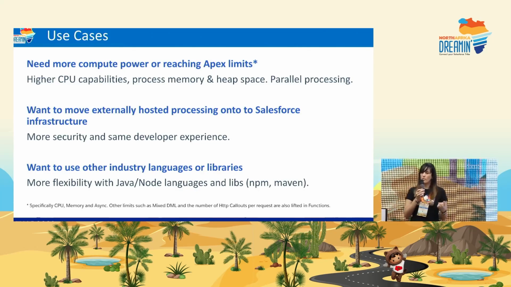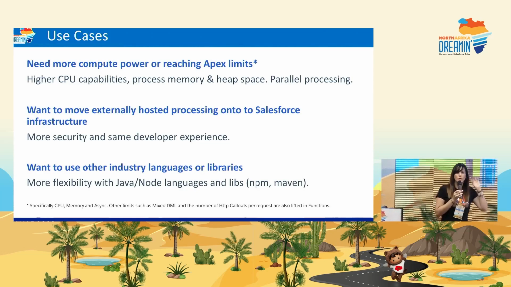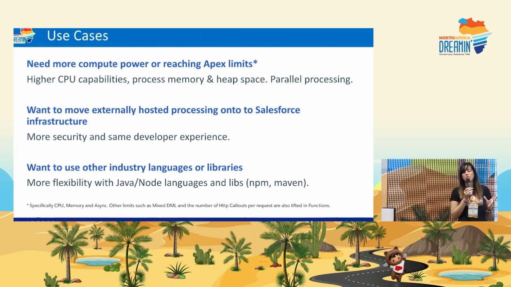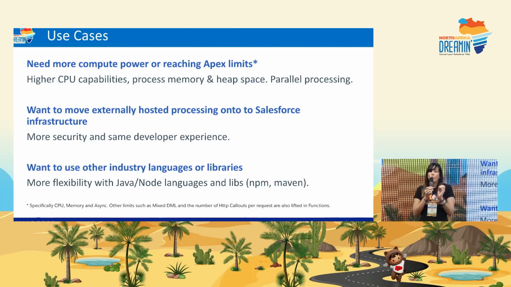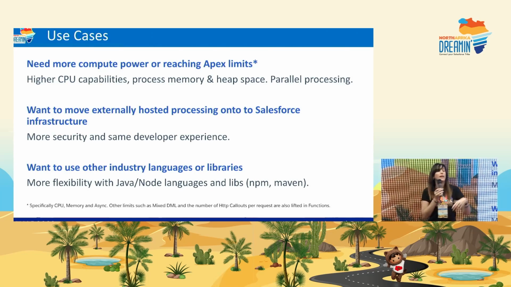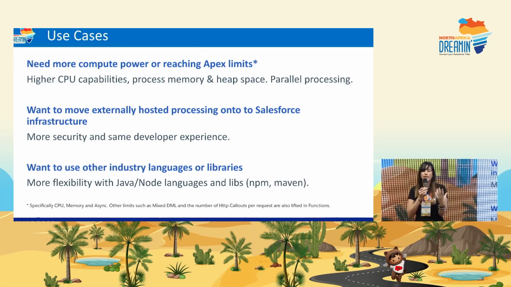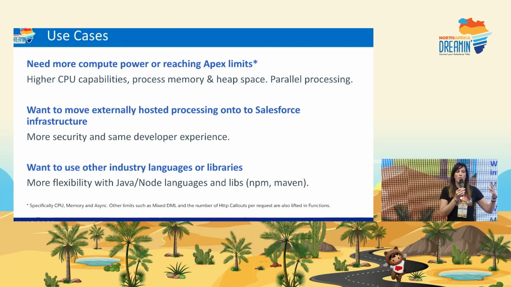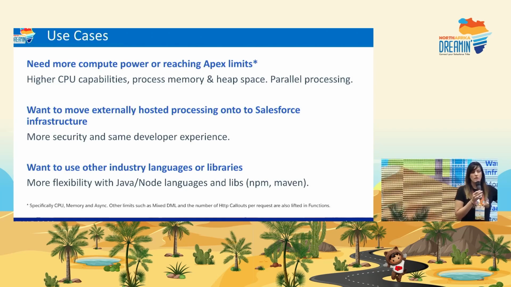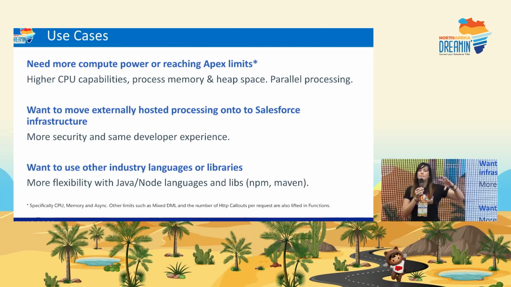Then there is a second bucket of use cases that you can implement in functions: I have already implemented a solution outside Salesforce. I'm using AWS because I needed more compute power and I was reaching the limits. And I want to make use of this Salesforce Functions trust feature, and I want to be able to access my Salesforce data seamlessly from the function.